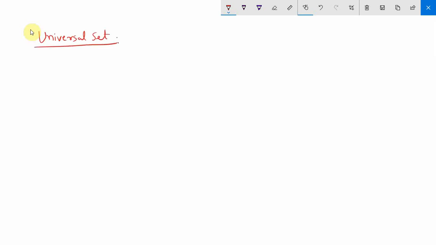See, if there happens to be a set that contains all sets under consideration, that is, it is a superset of each of the considered sets, such a set is called the universal set. Okay friends, and it is denoted by U.